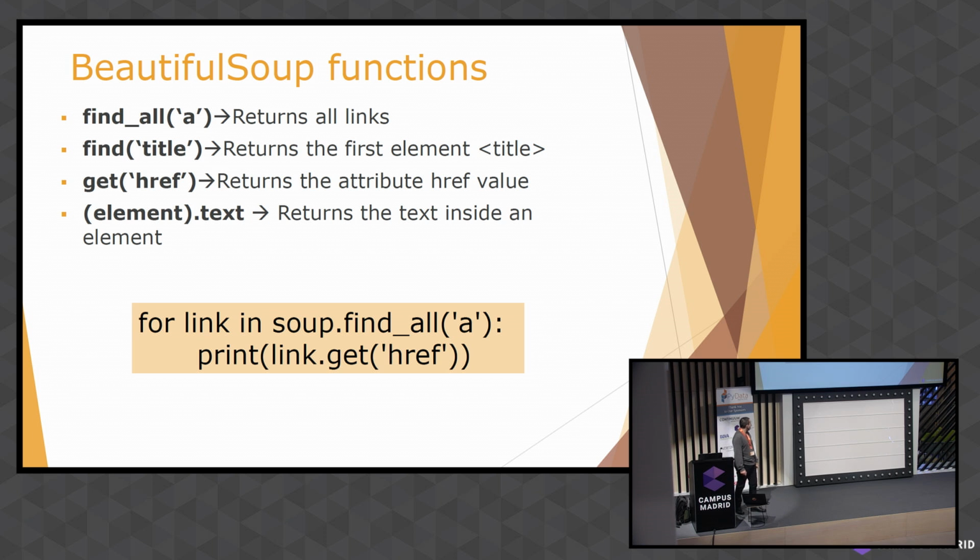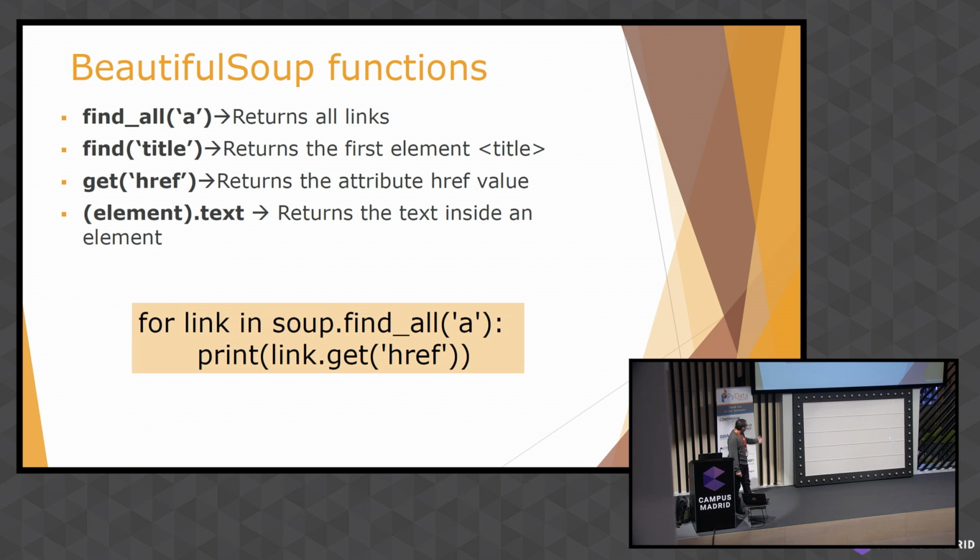What are the functions we have in Beautiful Soup? For example, if we want to extract all links in a web page, we can use the find_all function, and between parameters we indicate the link tag. We can return the first element with the find function, and the get function returns a specific attribute.